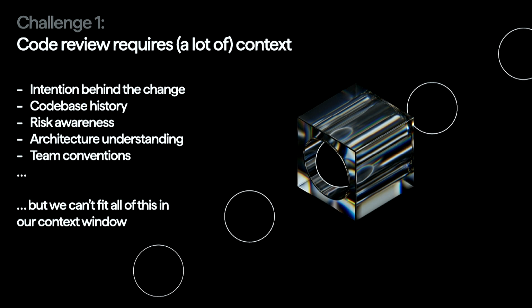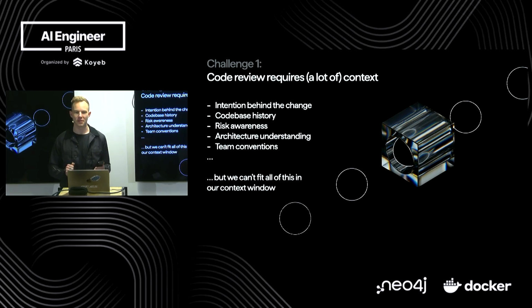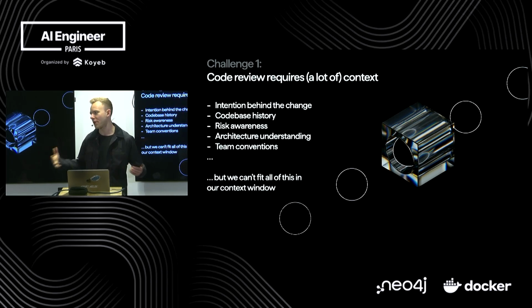Senior engineers have this great intuition for what is a risky change and what isn't, and what they need to pay attention to. But all of this context is so big that we can't fit it into our context window, and that forces us to be strategic about what we give the model as it's evaluating and reviewing. Context rot is very real. If we try to just stuff this all in, we're not going to get a good result.